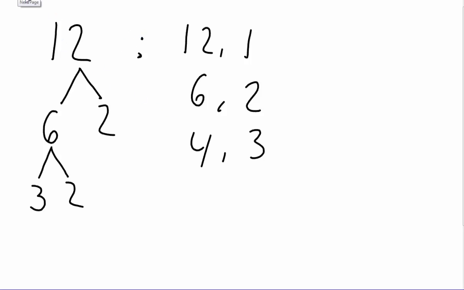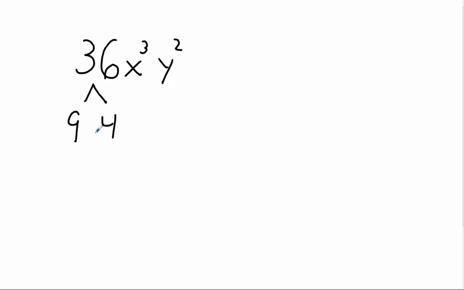So one of the things you have to be able to do, though, is break an expression down that has variables and a number. We want to break this down into the smallest we can break it. So let's break the 36 down into 9 and 4.